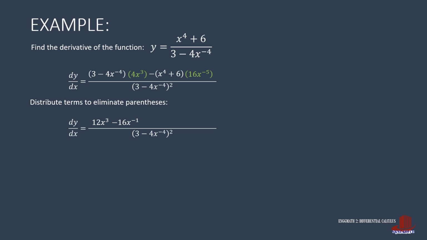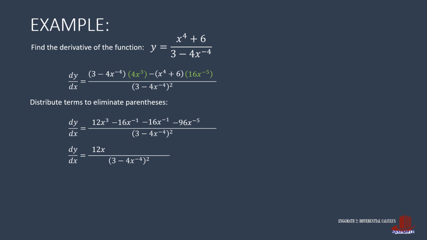So negative 4 plus 3 is negative 1. For the other products, we take negative x raised to 4 times 16x raised to negative 5 as negative 16x raised to negative 1. And last is 6 times 16x raised to negative 5 as negative 96x raised to negative 5.